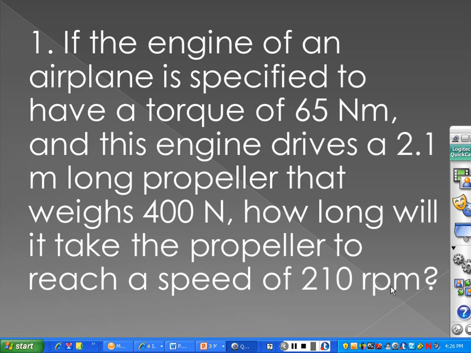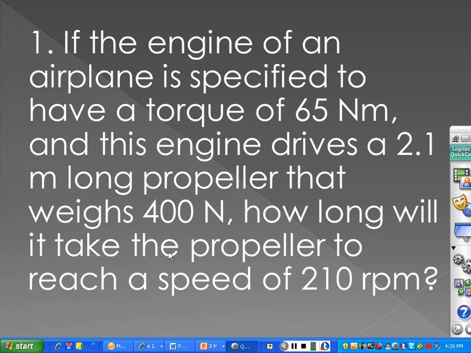Okay, so this problem involves torque, it involves moment of inertia, and calculating angular acceleration. You know the angular velocity from 0 to this final 210, which you have to convert to radians per second, and then finally calculate the time.